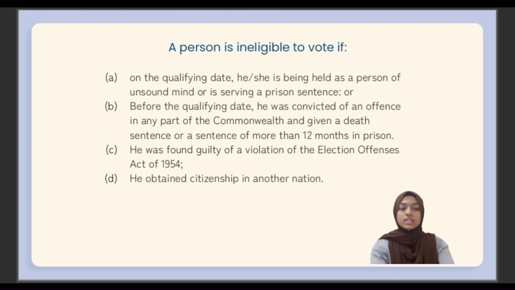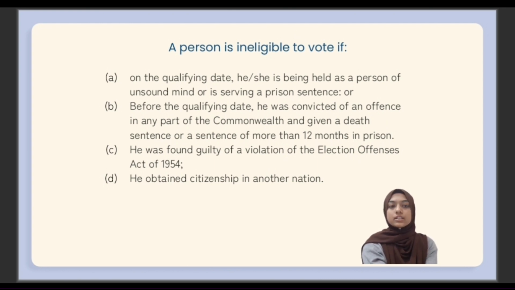Otherwise, if he or she has been convicted of any offence in any part of the Commonwealth and sentenced to death or imprisonment for a term exceeding 12 months prior to the qualifying date, he remains liable to suffer any punishment for the offence on the qualifying date.